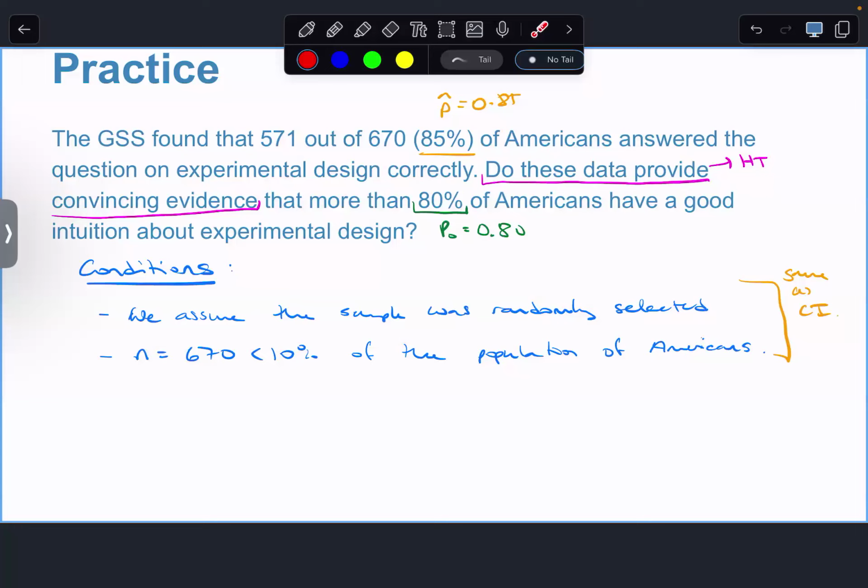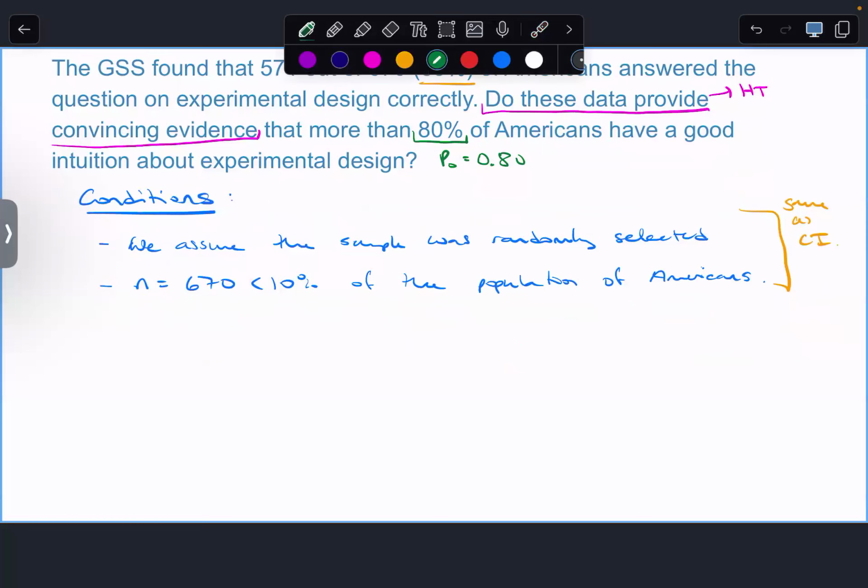And so that's why we have to do a hypothesis test. But from here, the value that I want to compare my sample proportion to is my p naught. And so here, n times p naught is 670 times 0.80, which is 536, which is more than 10.